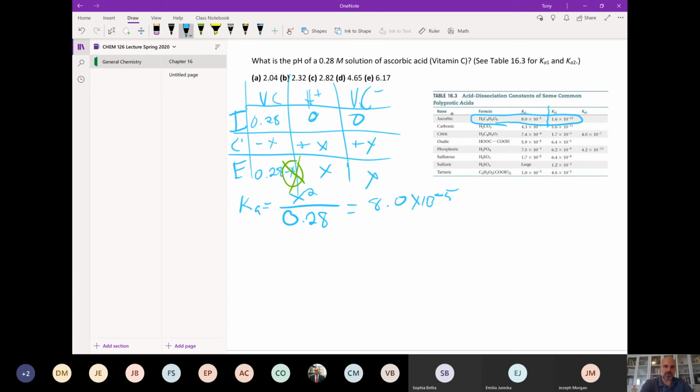So then after you solve for x, you end up with x is equal to 4.7 times 10 to the minus 3.